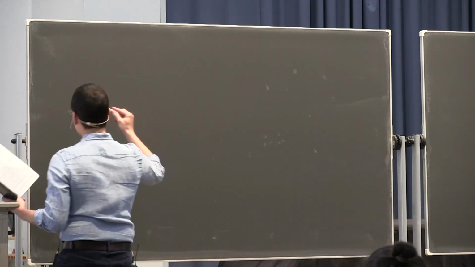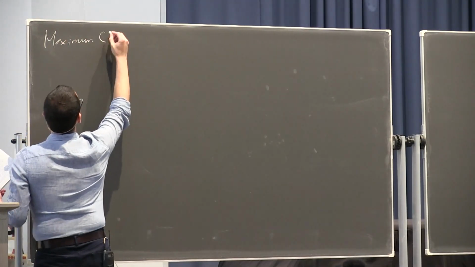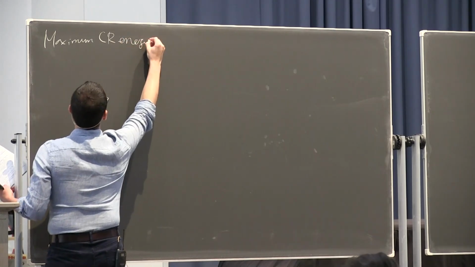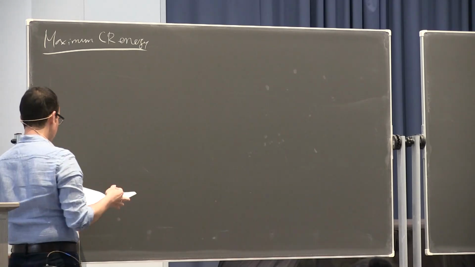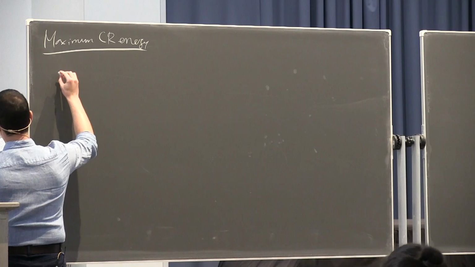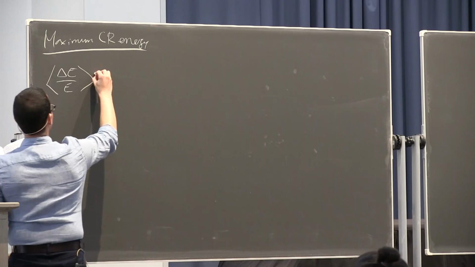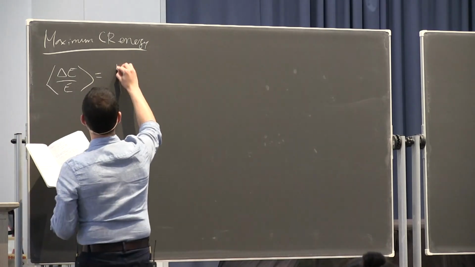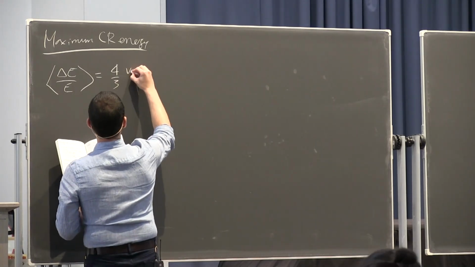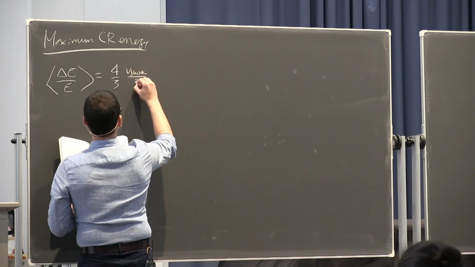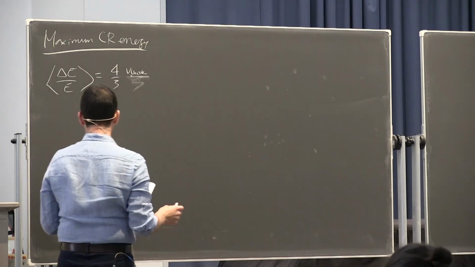Okay, so first thing I want to talk about is the maximum cosmic ray energy. And by that I mean the maximum energy we can reach by accelerating cosmic rays in the processes we saw last week. So, last time, from the first order Fermi acceleration, we found that the gain in energy of one particle crossing many times on average is proportional to the shock velocity that it's crossing times a factor of 4/3.